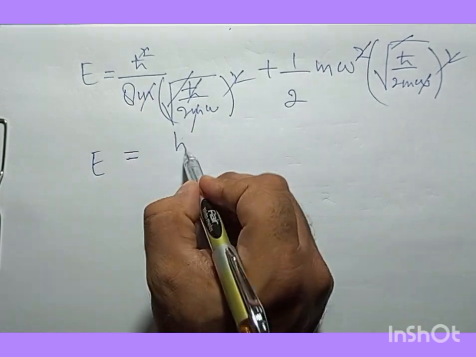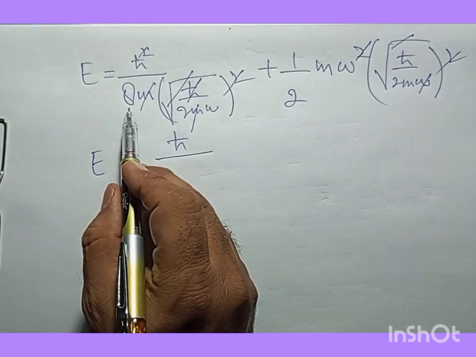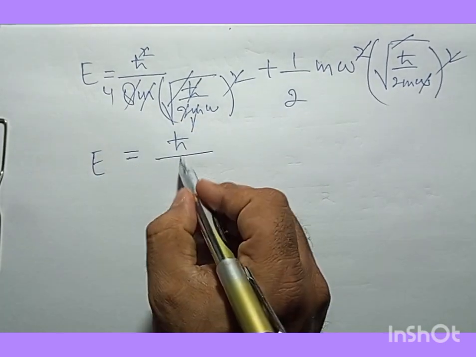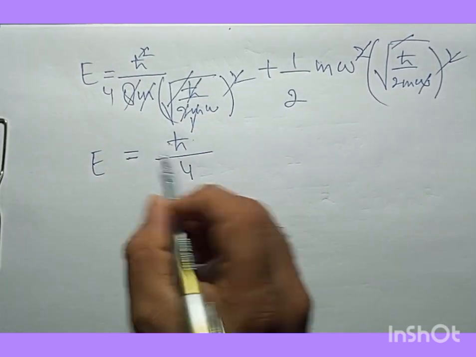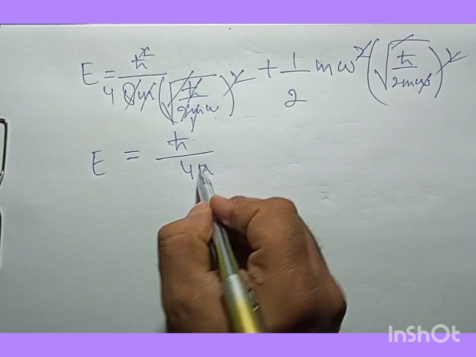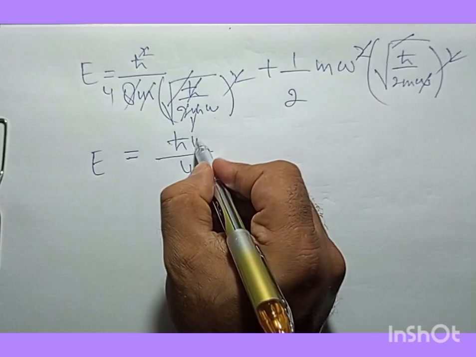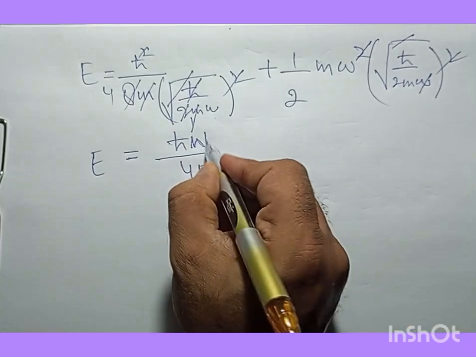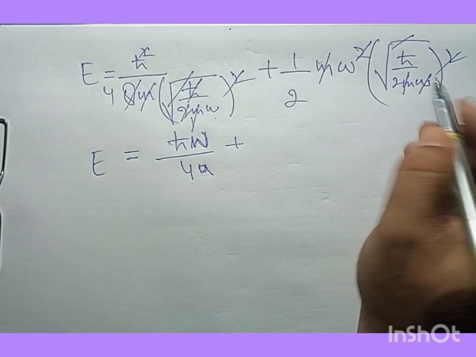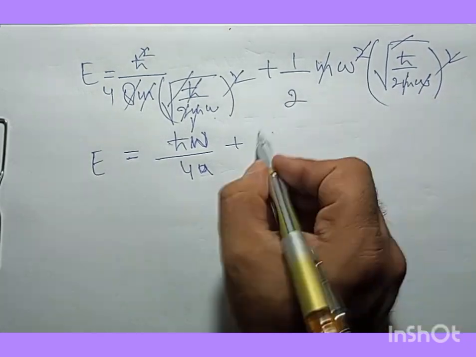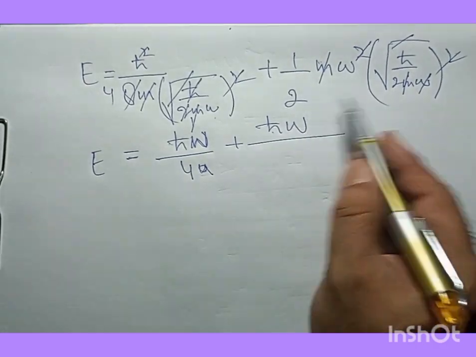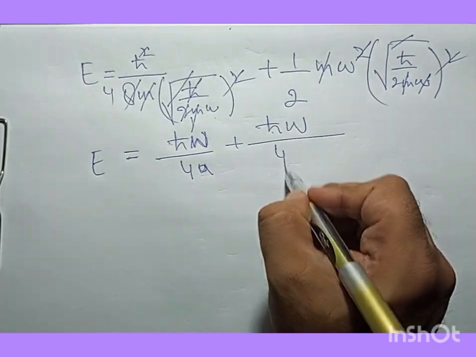This E will be h cross by, okay, here I have 8, so 2 ones are 2, 2 fours are 8, so this is h cross by 4. What is left over here is omega, so omega will come on the top. Plus, this m and m is going to go, so we will have again h cross omega divided by, this is 2, so this will give us 4.